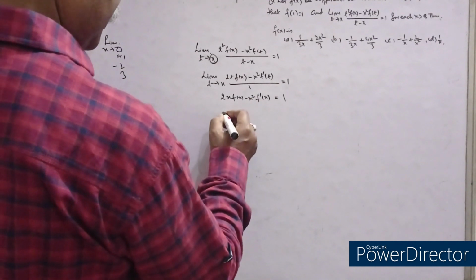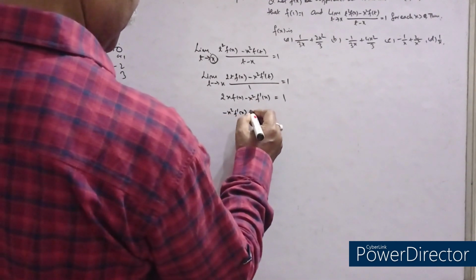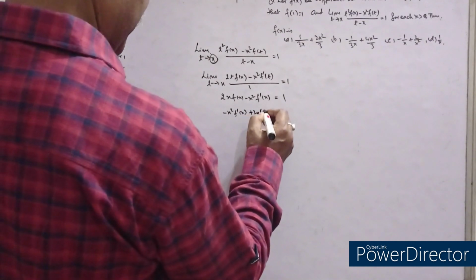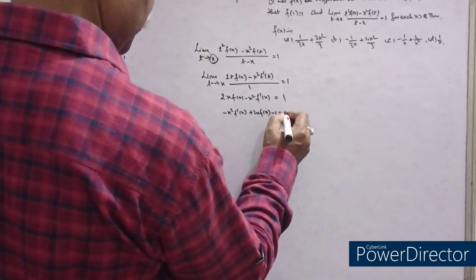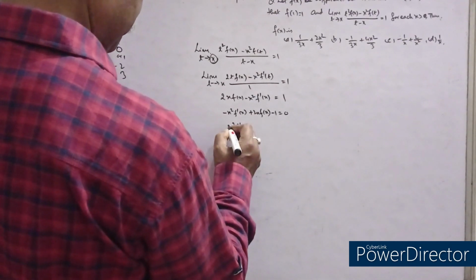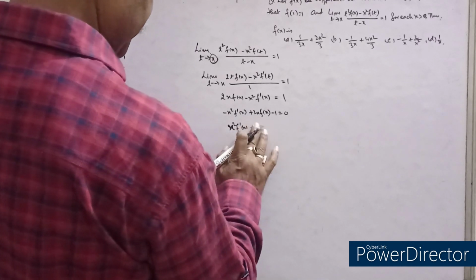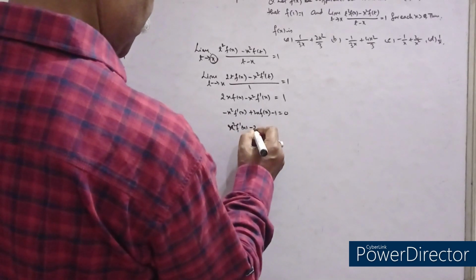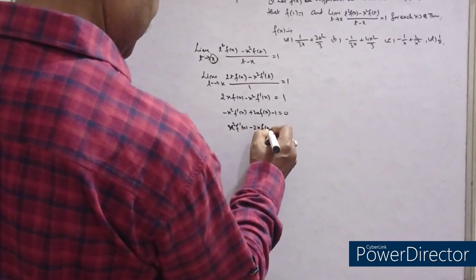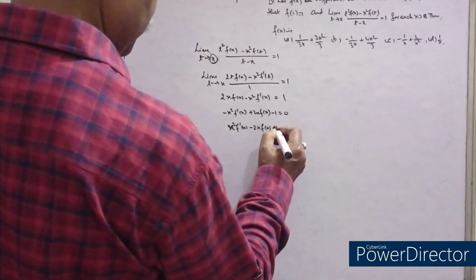So this is minus x square f dash x plus 2x f(x) minus 1 equal to 0. So this will be x square f dash x minus 2x f(x) plus 1 equal to 0.